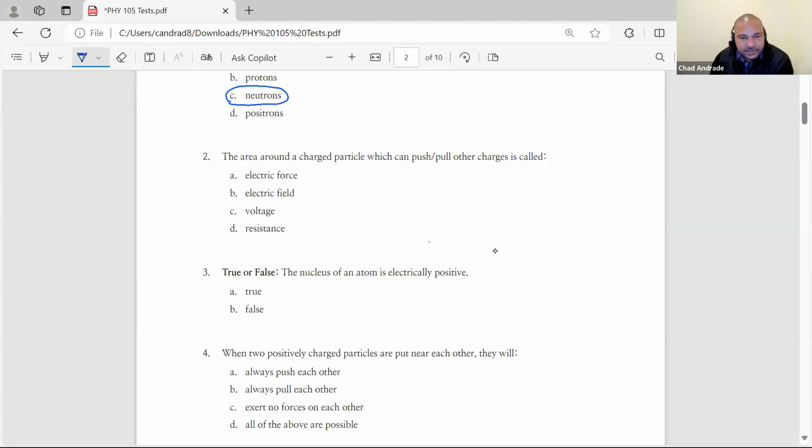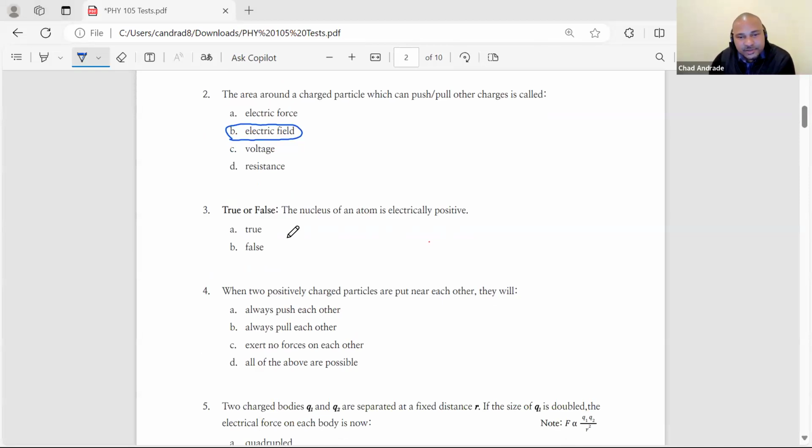Is it electric force, electric field, voltage, or resistance? A, B, C, or D? If you said the electric field, you would be correct, right? So the area around every charged particle is what we call the electric field, right?